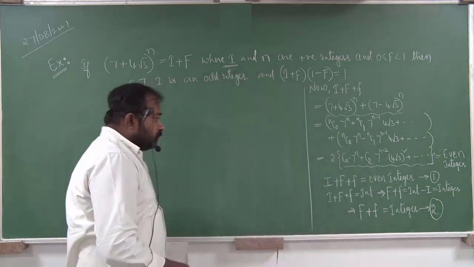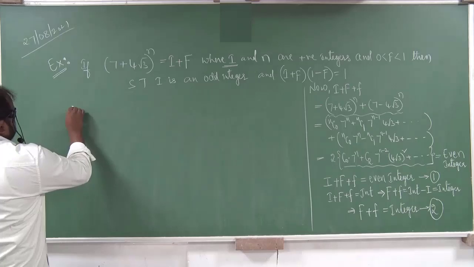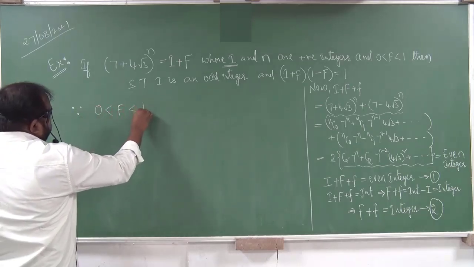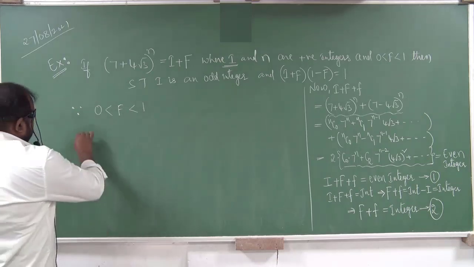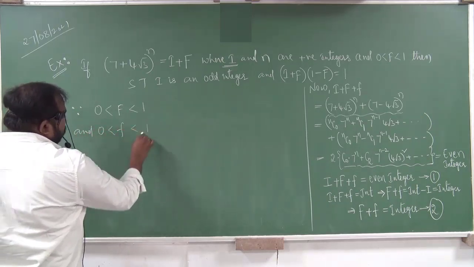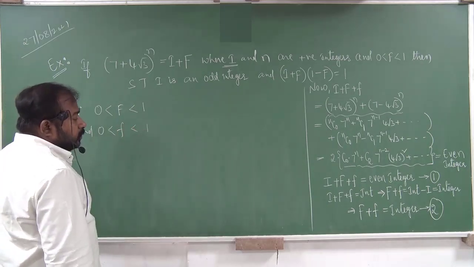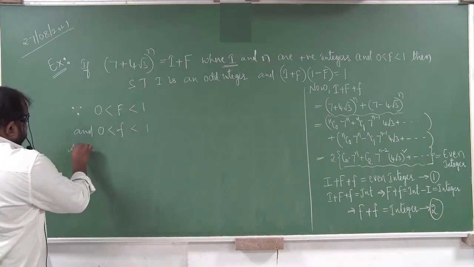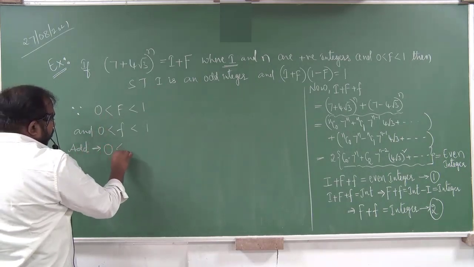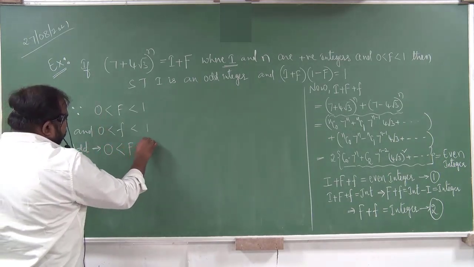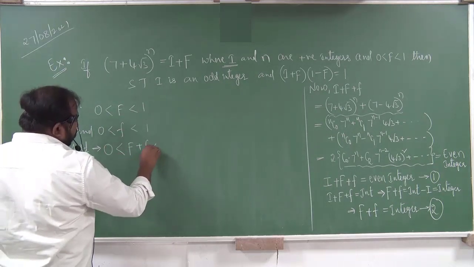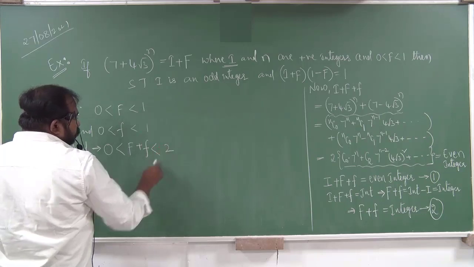Listen, since 0 is less than capital F less than 1, which they given already, and 0 is less than small f less than 1, which we got, by adding these two quantities, what can I get? 0 is less than capital F plus small f less than 1 plus 1.